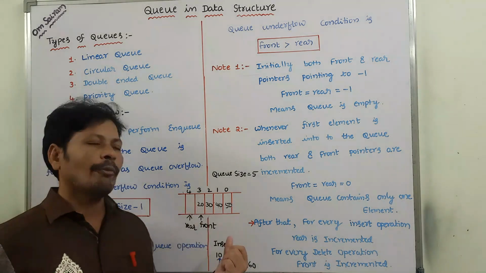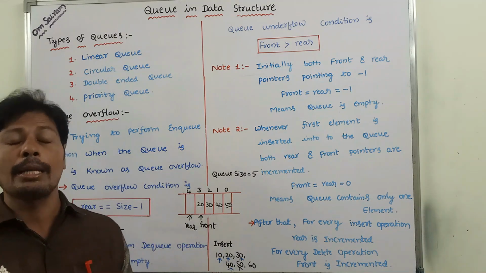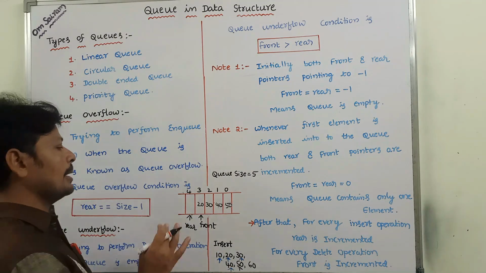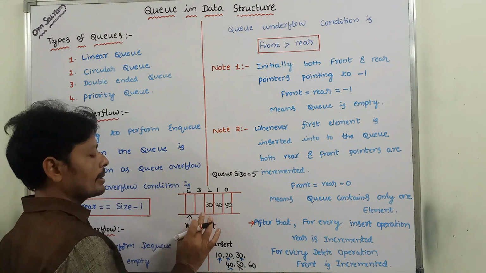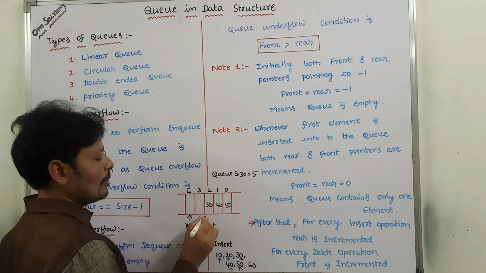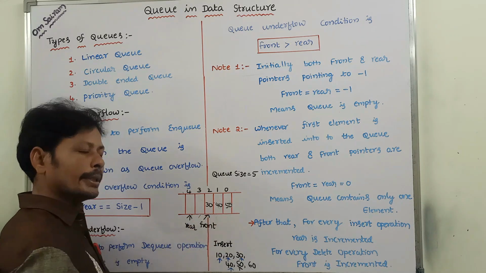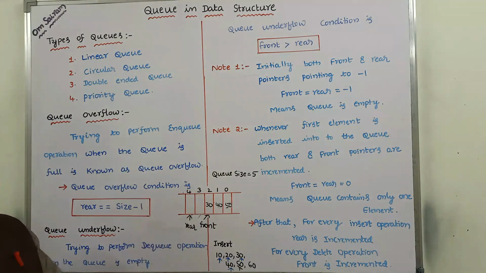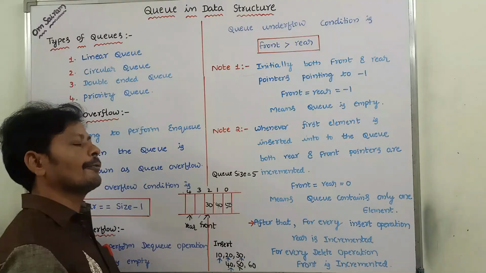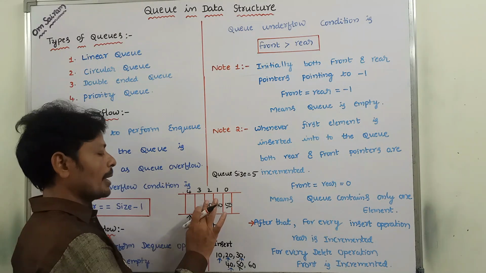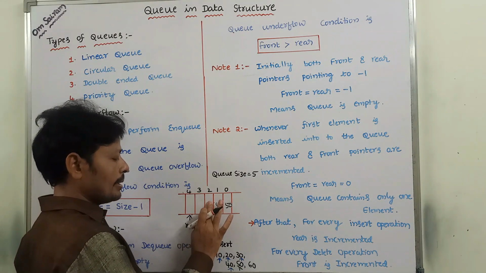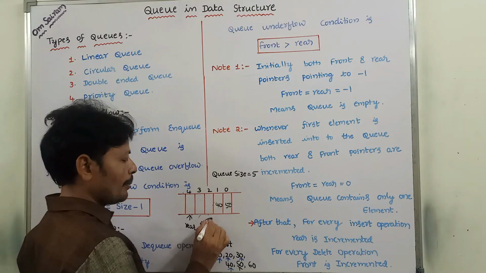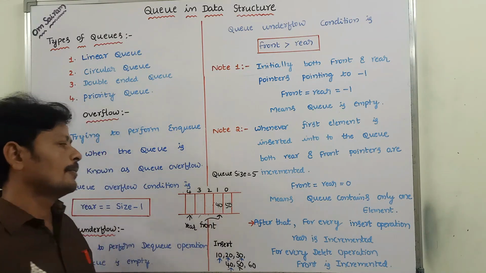Next, we want to delete one more element from the queue. So at that time 20 is deleted. Now the front is pointing to this one. Front pointer is incremented. Now front pointing to 30. Again we perform one more delete operation. Now 30 is deleted, so front pointing to 40.